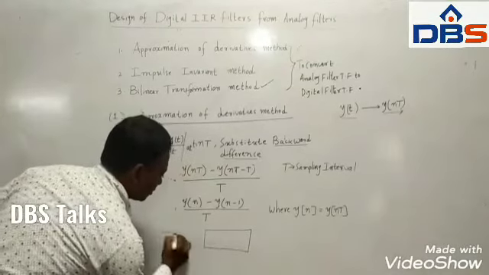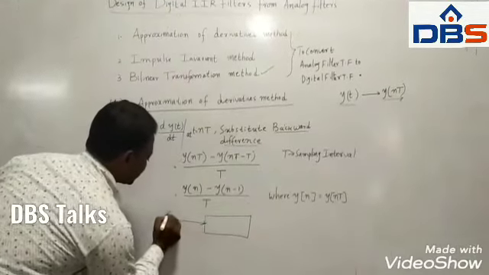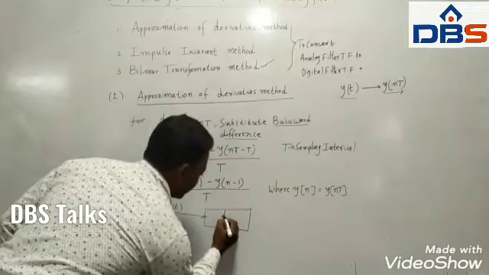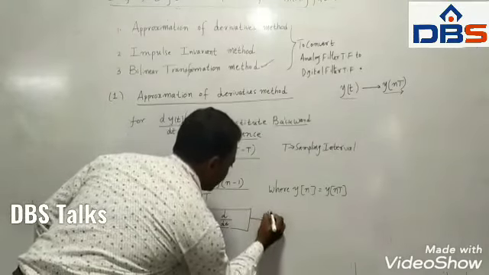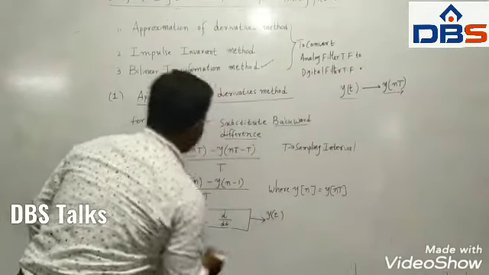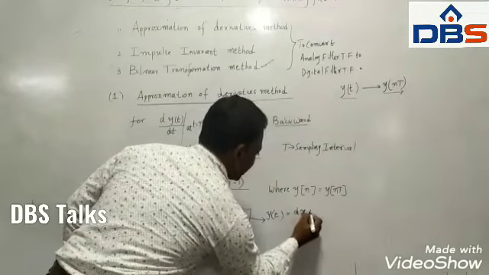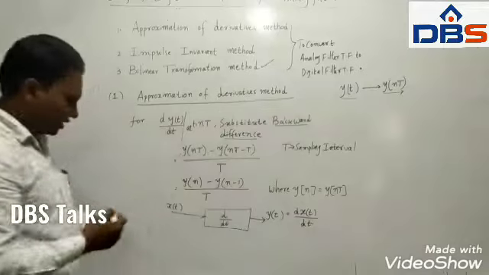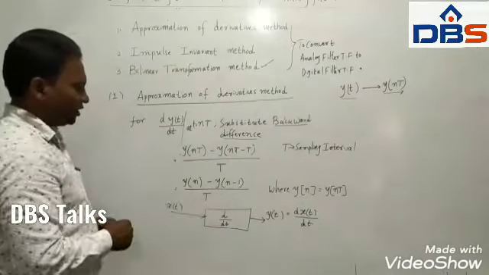Suppose you apply some signal x(t) to a differentiator. Then the output is y(t) equal to dx(t)/dt. This is the relation between the input x(t) and the output y(t) of a differentiator.